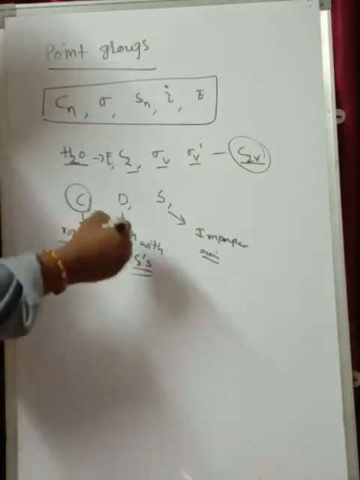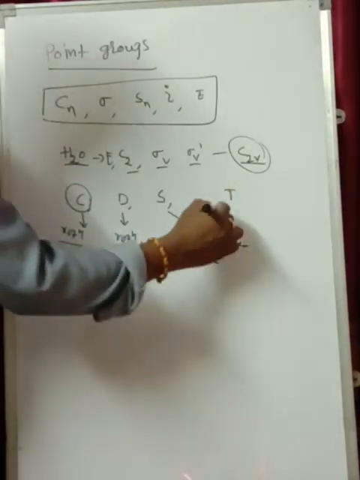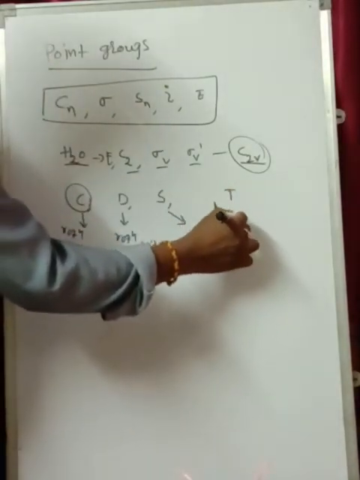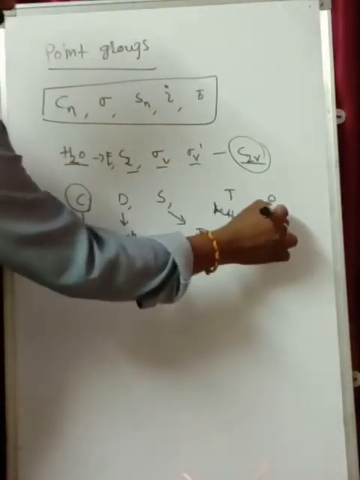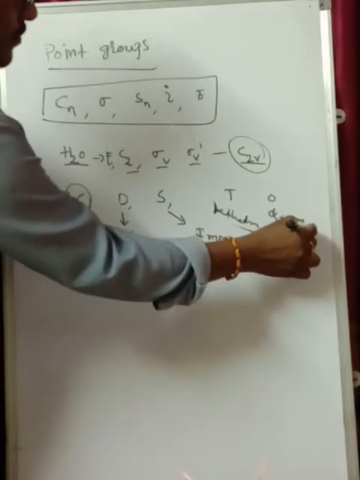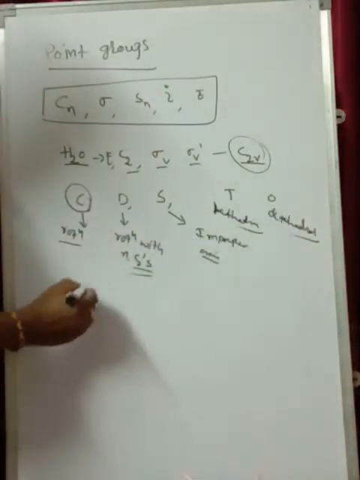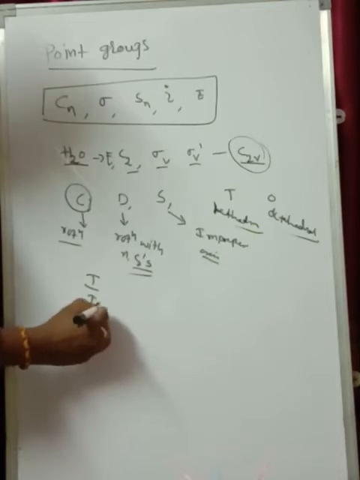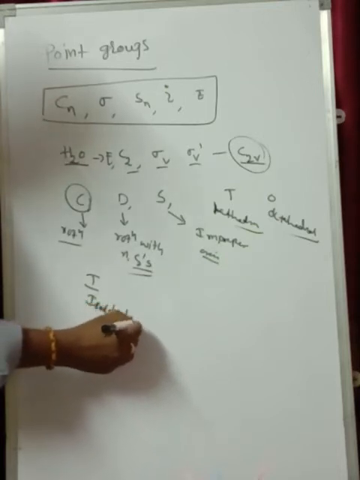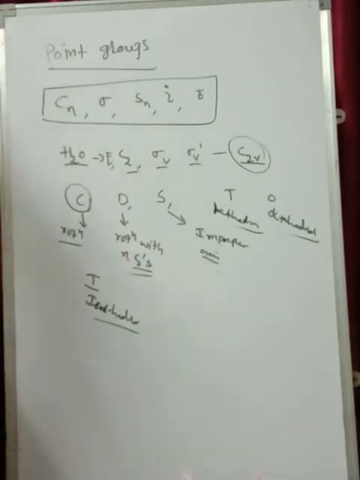If the point group is represented as T, that means it is a tetrahedral point group. If it is represented by O, it means it is octahedral type. If it is represented by I, it is icosahedral. So every point group is represented with certain symbols which represent the highest symmetry element present in them.